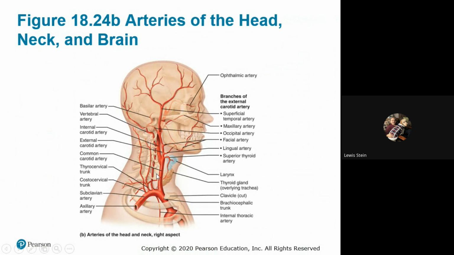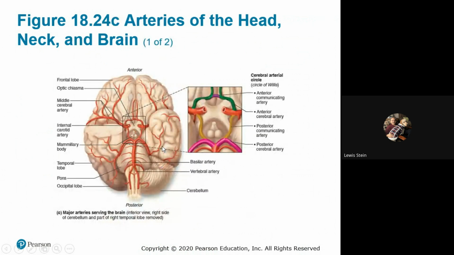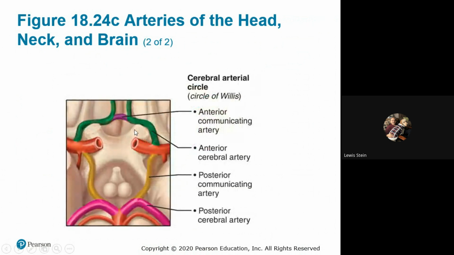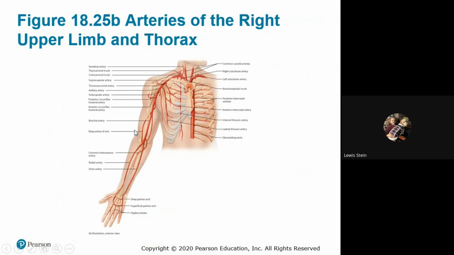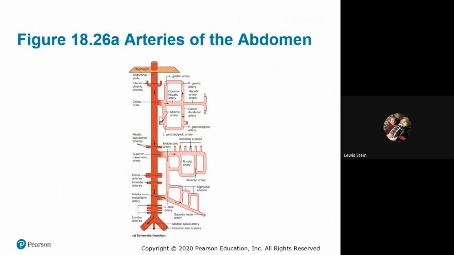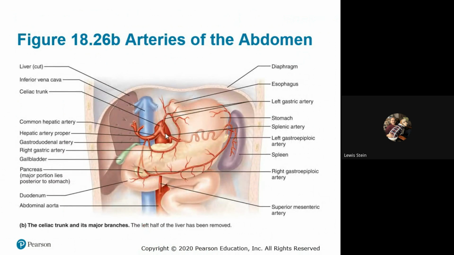This one, because you can get the vertebrals, the subclavian, common carotid, the internal and the external carotid. Certainly this one with the vertebrals, the basilar, the circle. And again, this one would be fair. And certainly these, and these ones everybody seems to have trouble with.